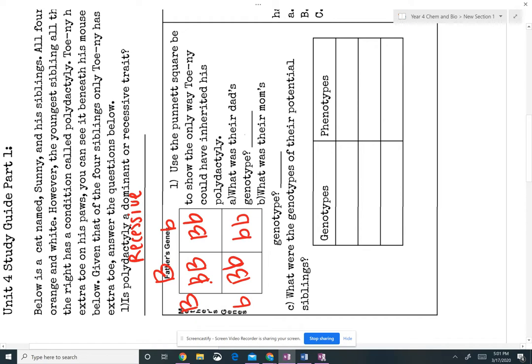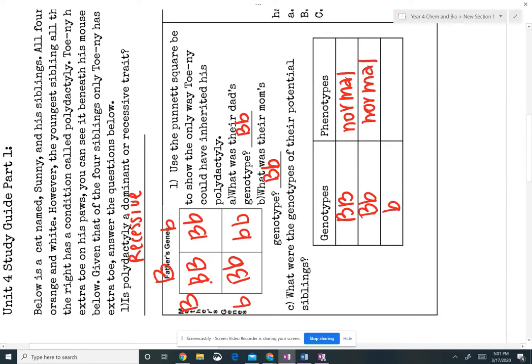So what was their dad's genotype, and what was their mom's genotype? You should have seen that on there. What were the genotypes of the potential siblings? So you have this, and that means normal, so that has normal toes. And then you have this, and this is also going to appear normal.